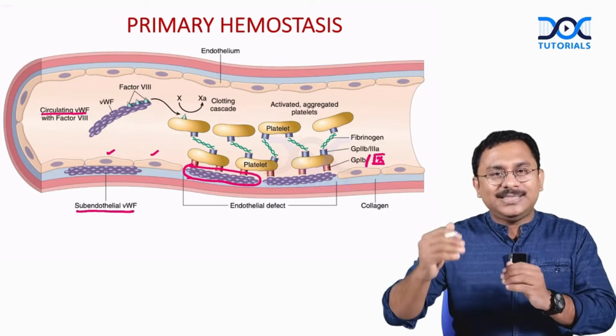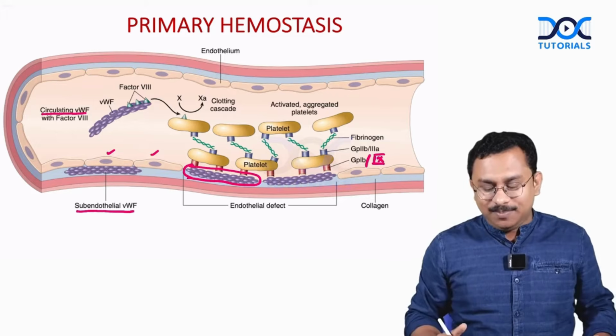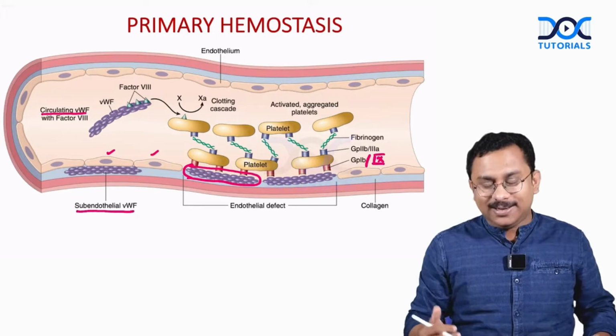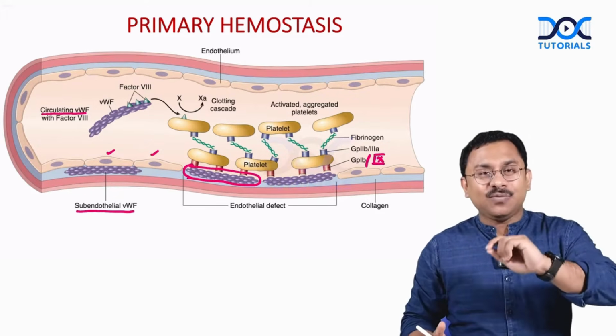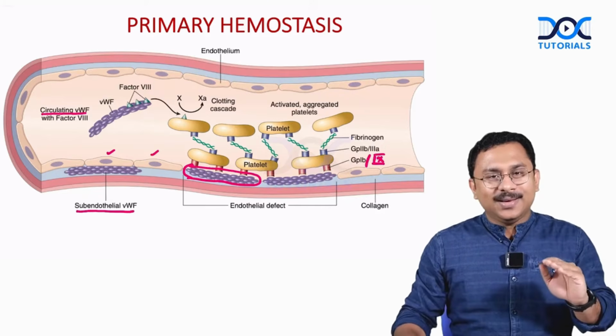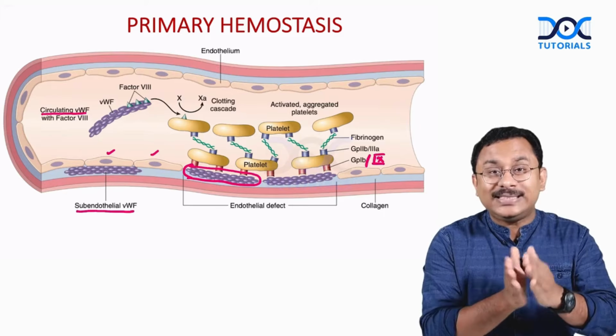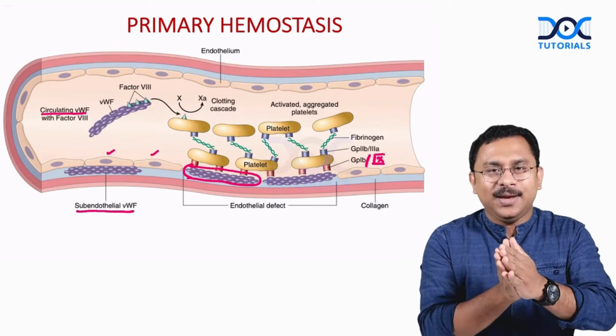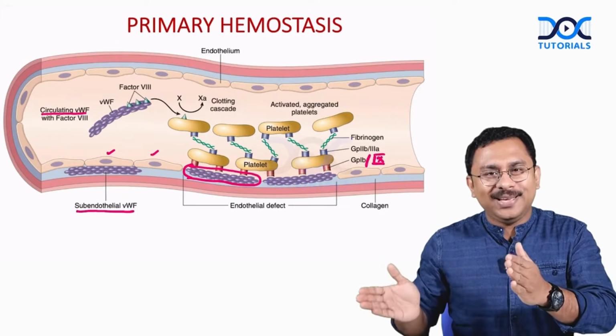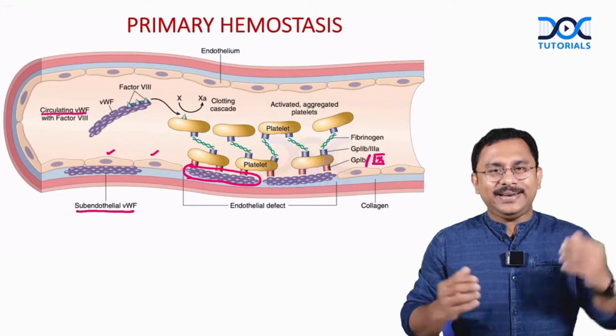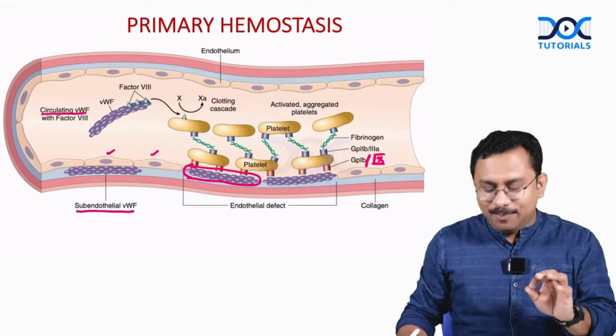With the help of this receptor on the surface of the platelet, which binds to the von Willebrand factor, the von Willebrand factor will serve as a bridge between the subendothelial collagen and the platelet. So what will happen as a result?